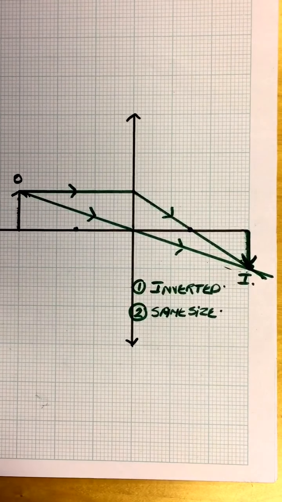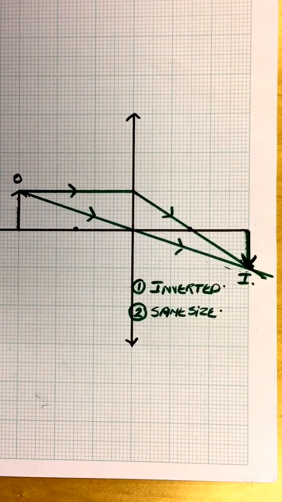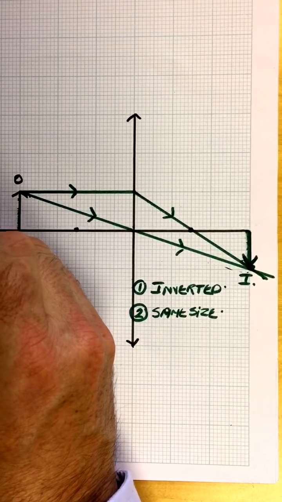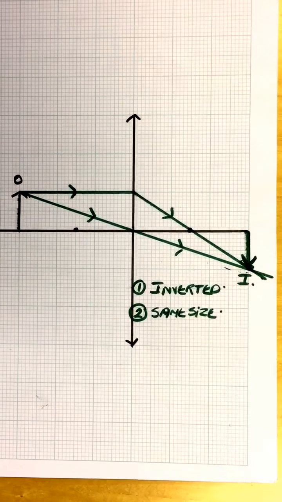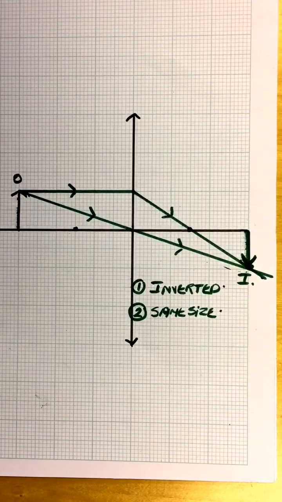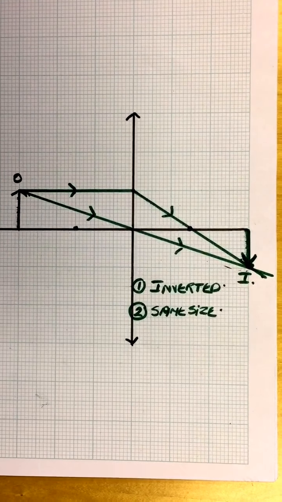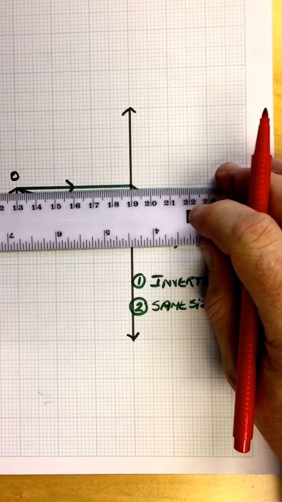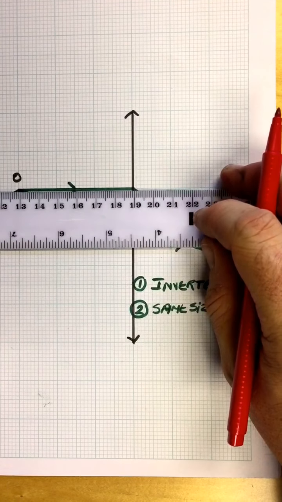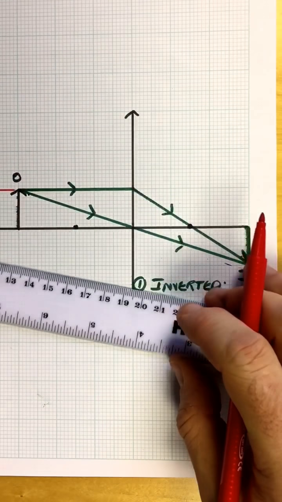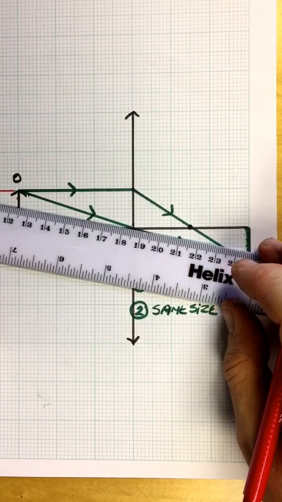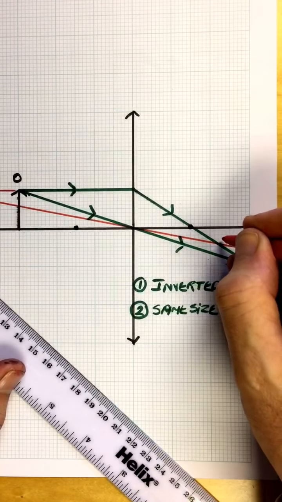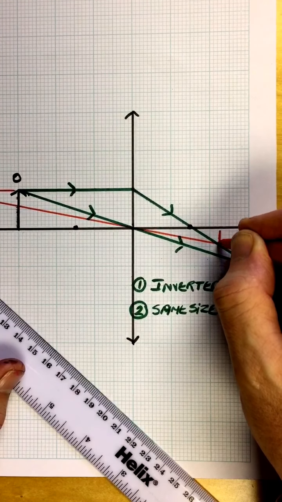If I try in a different color, we can take a look at what would happen if we were even further away. So here's our object, and so our image would form here.